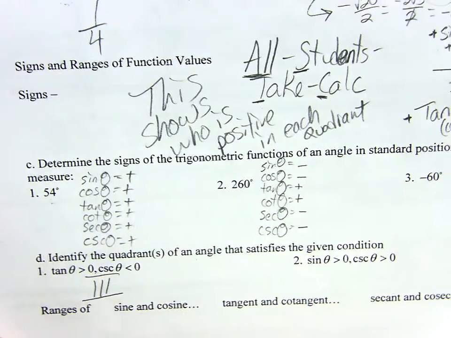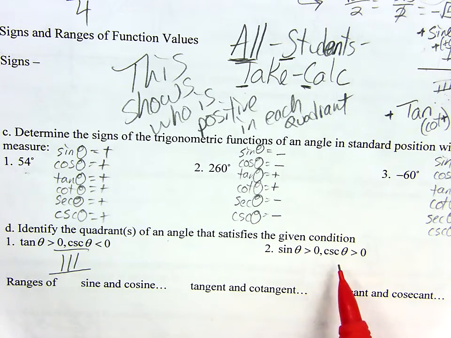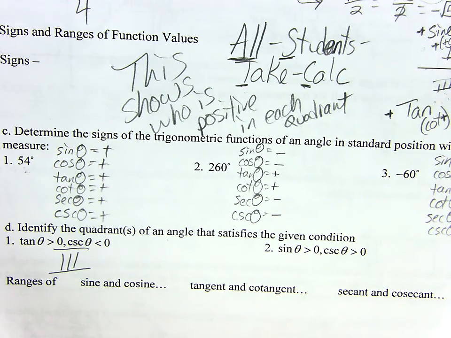You try the second one. See if you can come up with the right quadrant that has a positive sine and a positive cosecant. Did you get an answer? Did you get multiple answers?